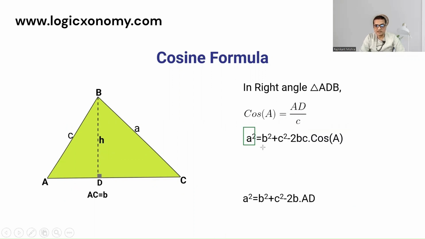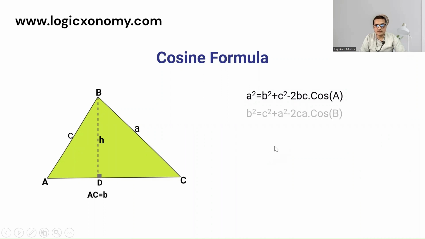The final result is a square is equal to b square plus c square minus 2bc cos A. Similarly, b square is equal to c square plus a square minus 2ca cos B, and c square is equal to a square plus b square minus 2ab cos C. These are known as cosine formulas.